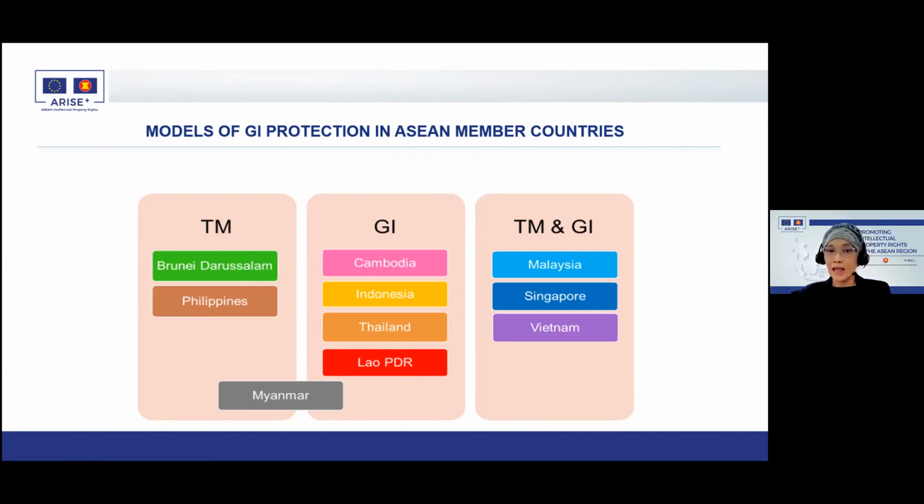So, for example, if we say that Sumba is close, it has not been registered under GI, but we plan to register them in Indonesia. It is a fine woven cloth from East Nusa Tenggara, Sumba woven cloth.